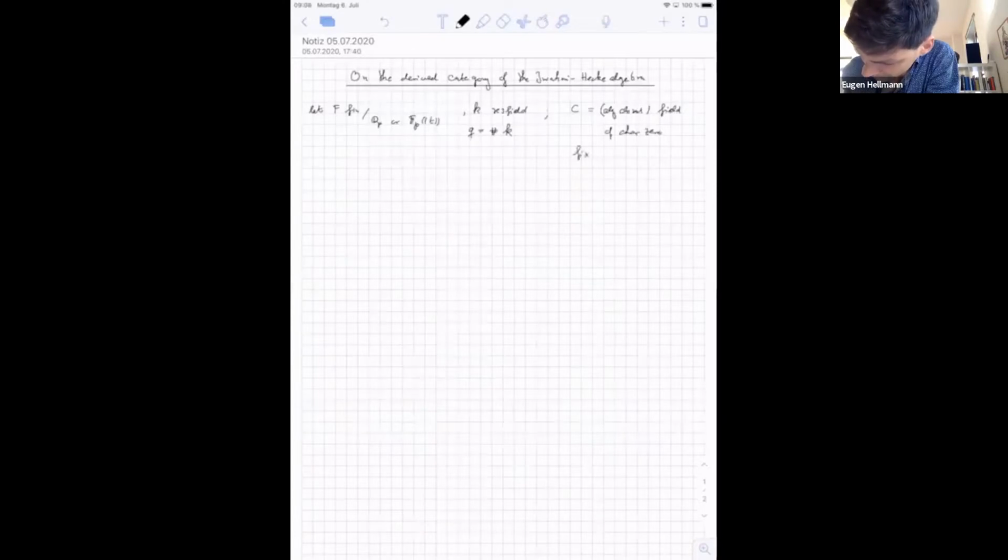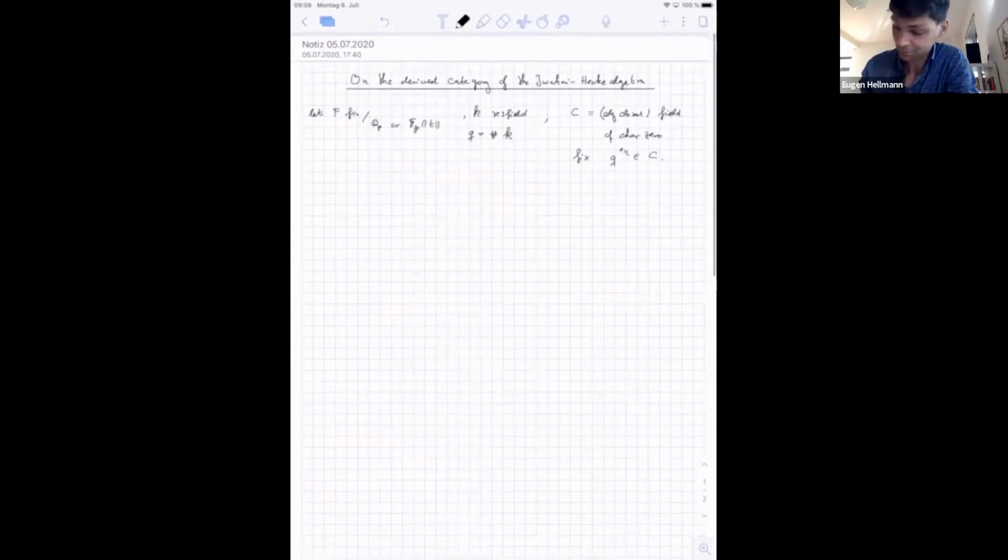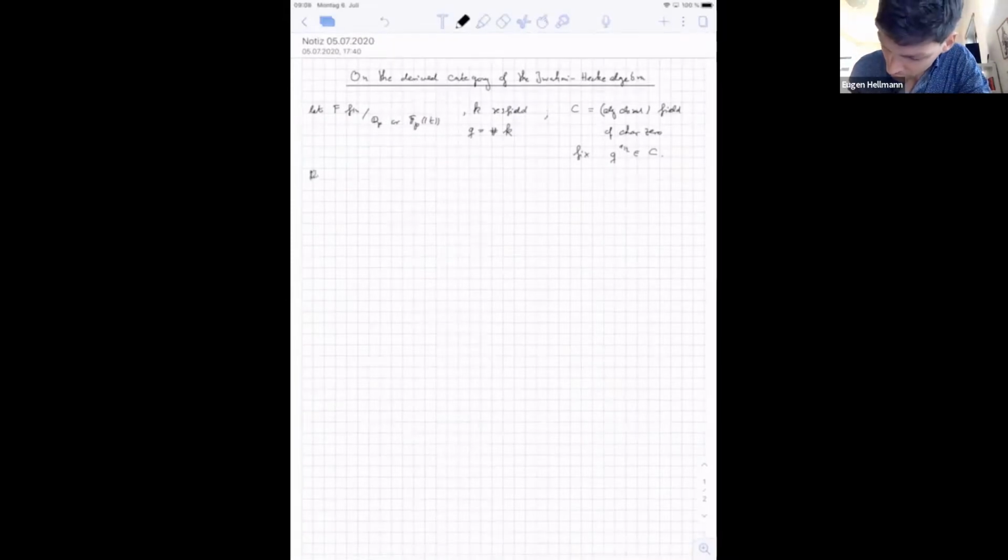And I want to fix a square root of q in my field C. I'm not sure whether I will actually ever write out explicitly where this choice comes in, but this is one choice that one usually has to make. And then I want to recall what the local Langlands correspondence does.